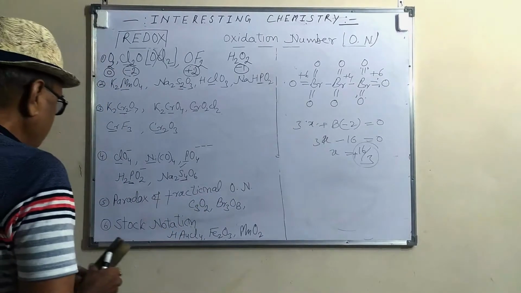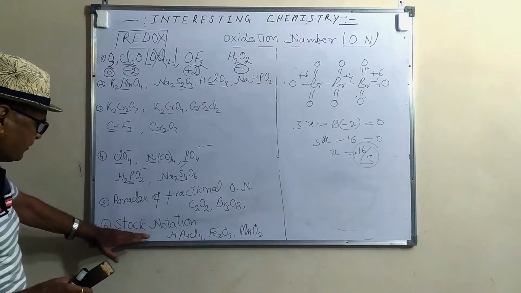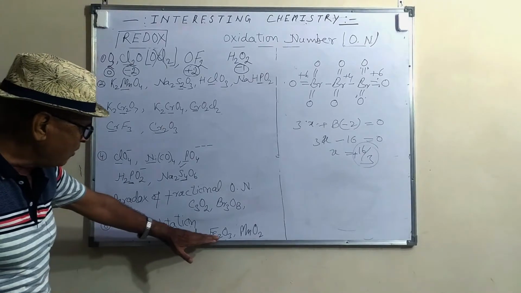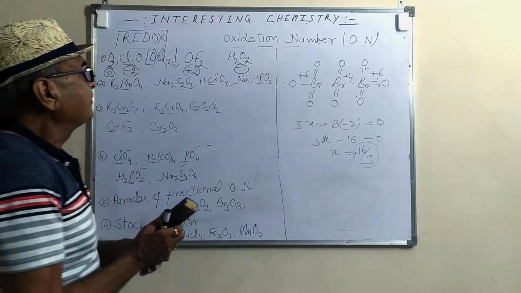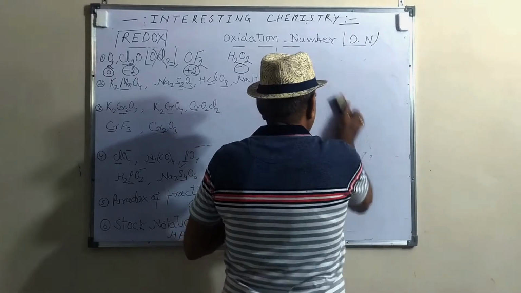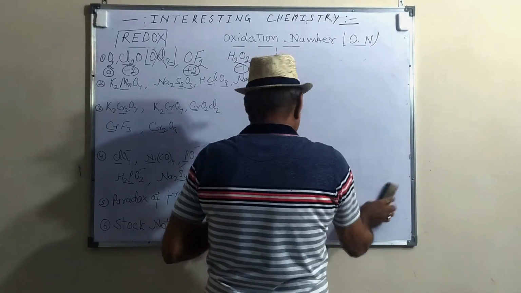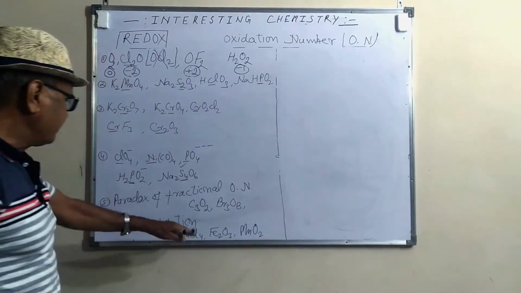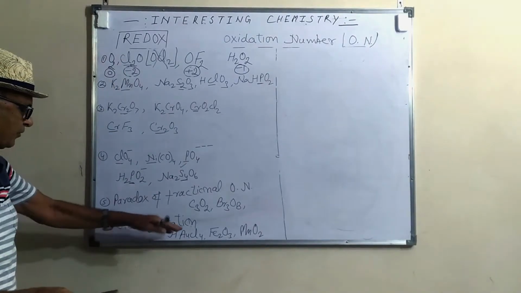Last, the Stock notation: write the Stock notation of these compounds, these formulas. Suppose you are asked to write AuCl4 in the form of the Stock notation.